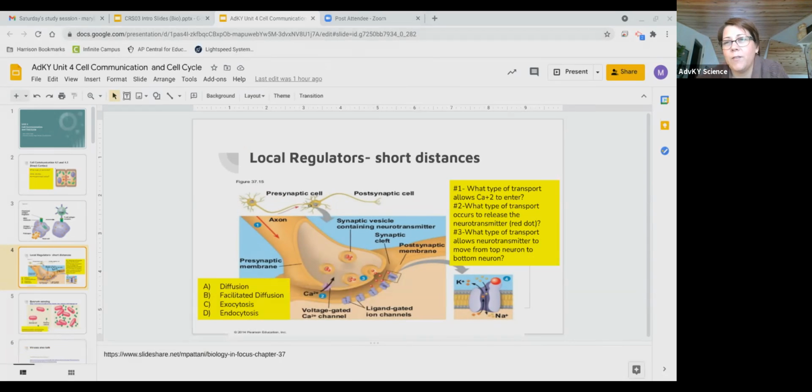Again, if you'll try the chat box, what type of transport is occurring to allow this calcium to get into the cell?